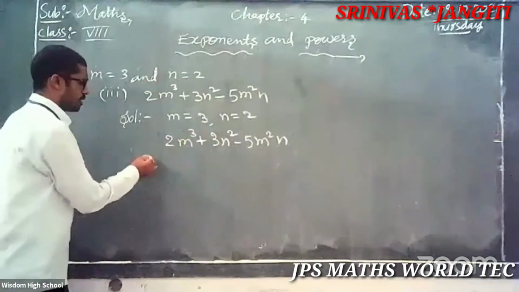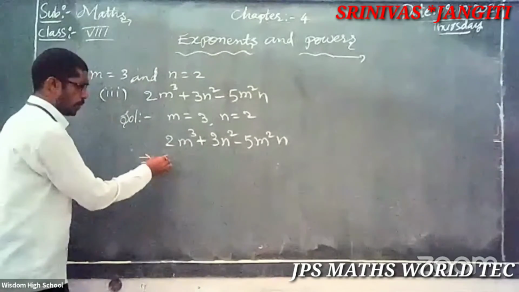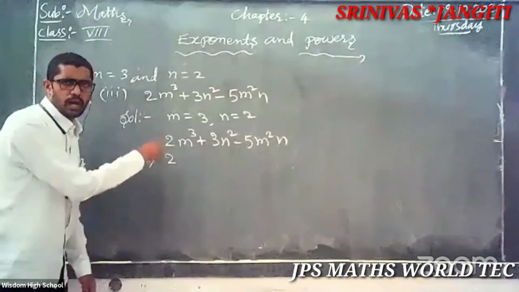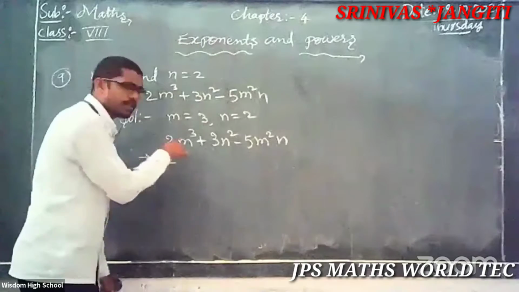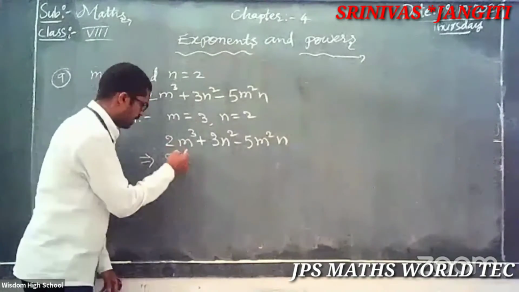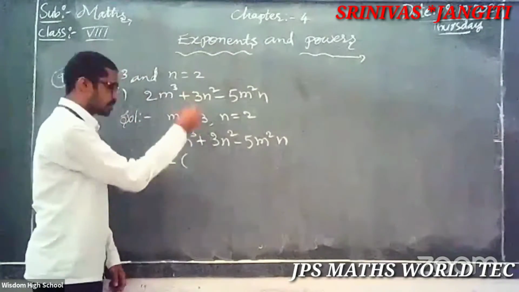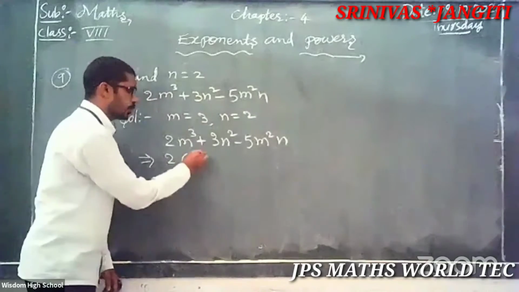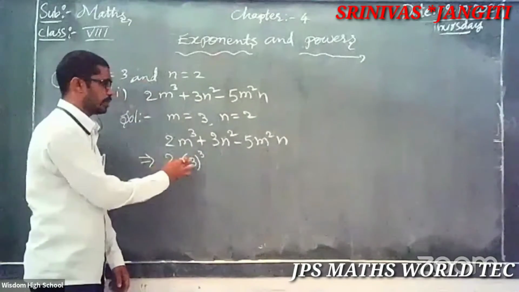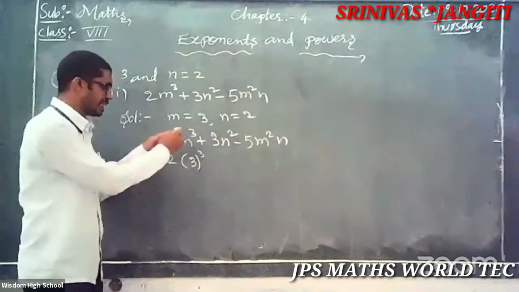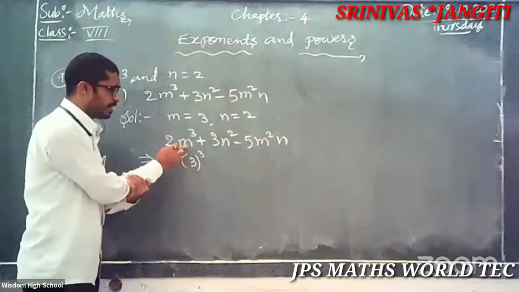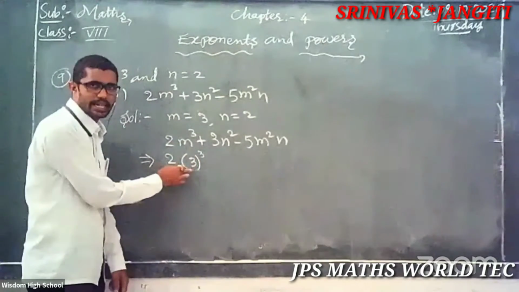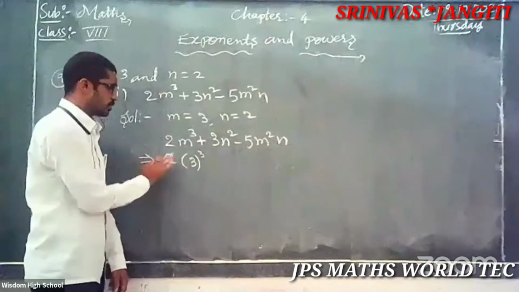Come on, let's start. What is here? 2, same. After that, m replaced with 3, then cube. So 2 into 3 cube. Is it clear? Where m was written, substitute the 3.